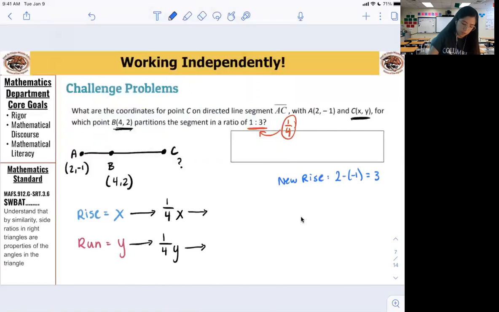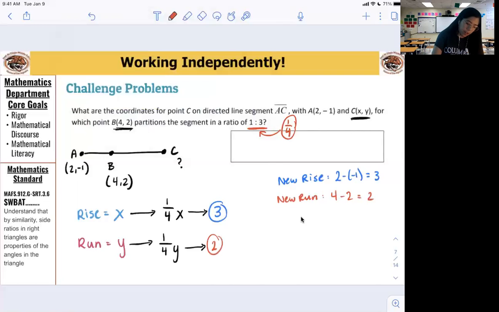That would be 3. So the new rise is 3. And what's the new run? 4 minus 2, which is 2.